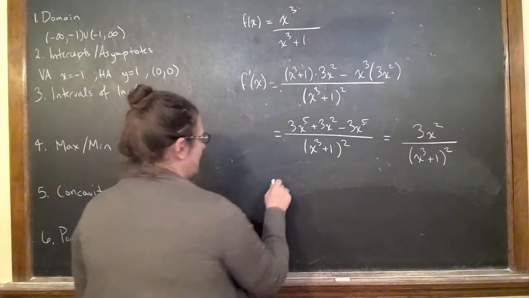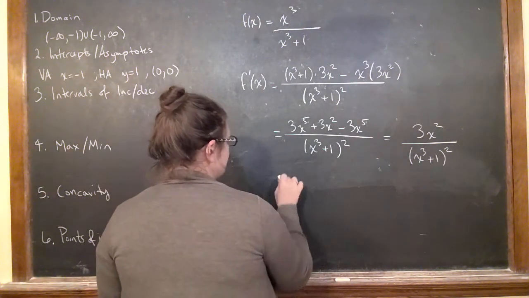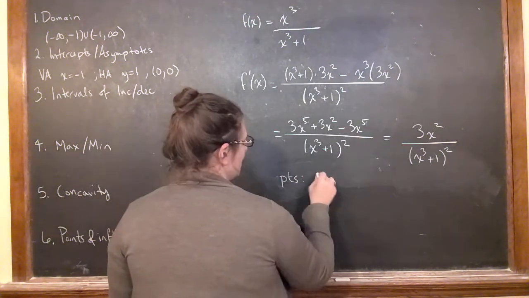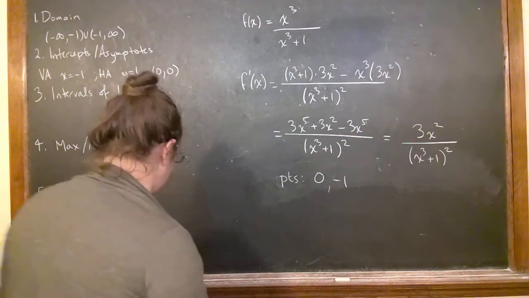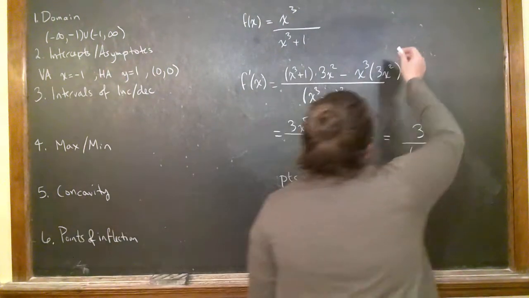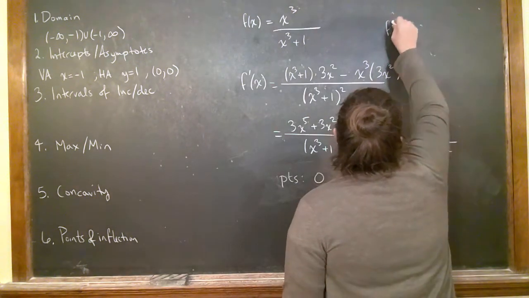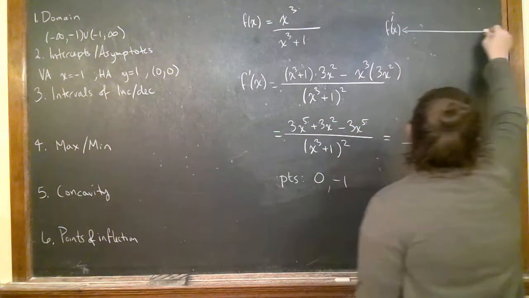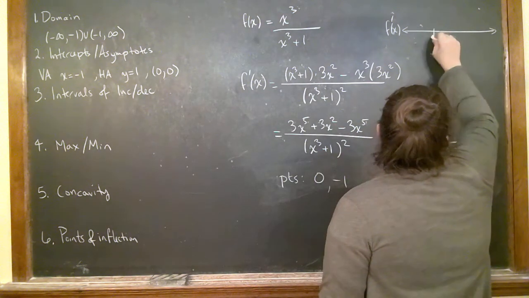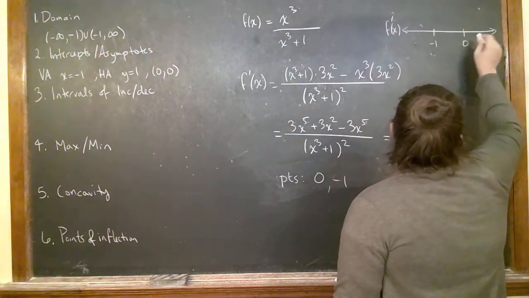Okay? So my critical points are going to be where the top is equal to 0 and where the bottom is equal to 0. So my critical points, then obviously the top is equal to 0, and the bottom is equal to 0 at -1, right? That's my asymptote. So I can make a sign chart for this derivative. I've got -1 and 0.